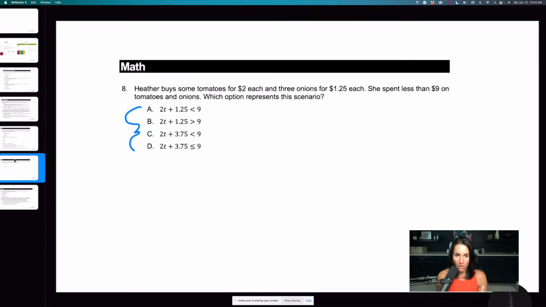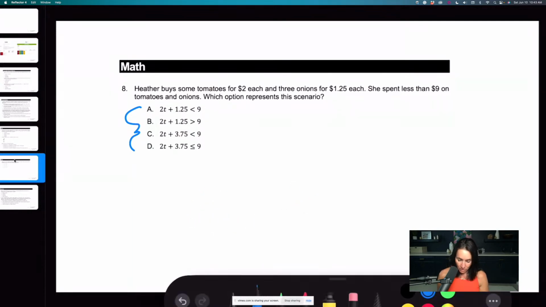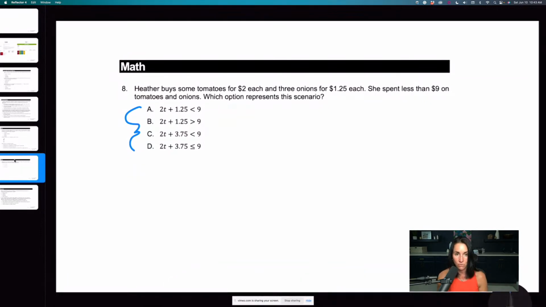I have inequality signs: less than, greater than, less than or equal to. When you have something like this, you have the less than sign and then you have the equal sign. This one is greater than or equal to. All right. So that's really important because when you have signs like this in an answer choice, you're going to be able to eliminate some of them right away. And so that's why I always go to the answer choices in math as well.